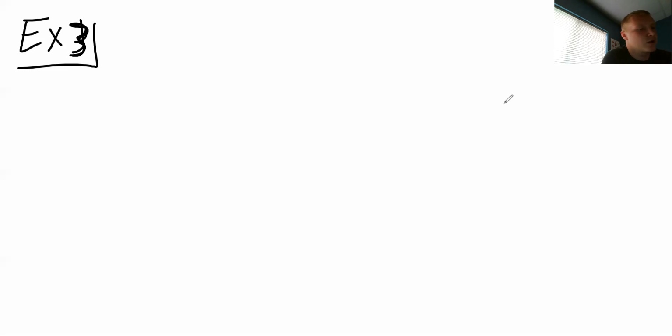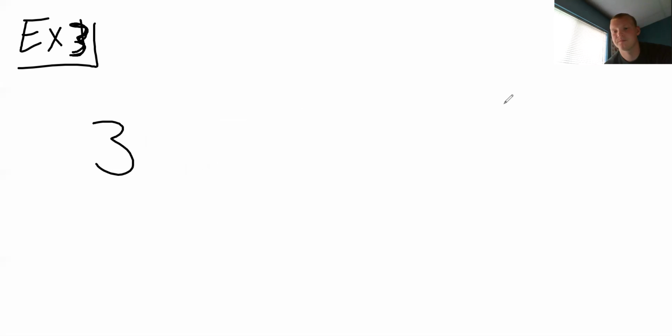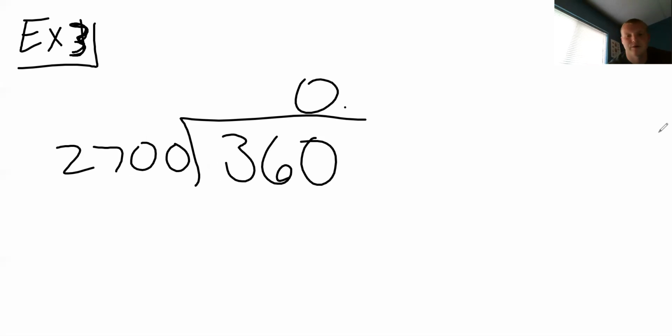Okay, so to figure this out, we are going to take 360, because this is solving for a percentage. 360 in here divided by 2,700. And yes, for this one, you can use your calculator. So right from the beginning, since 2,700 is bigger, we're going to have to add a decimal.